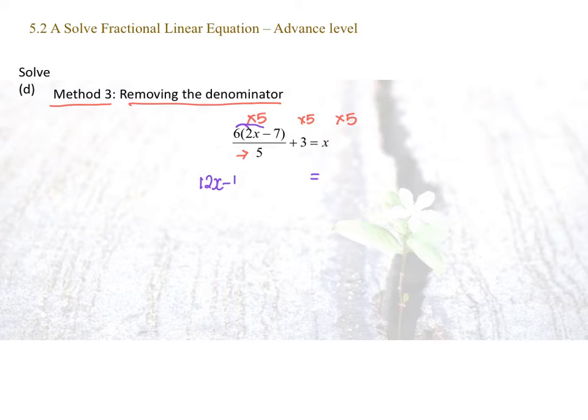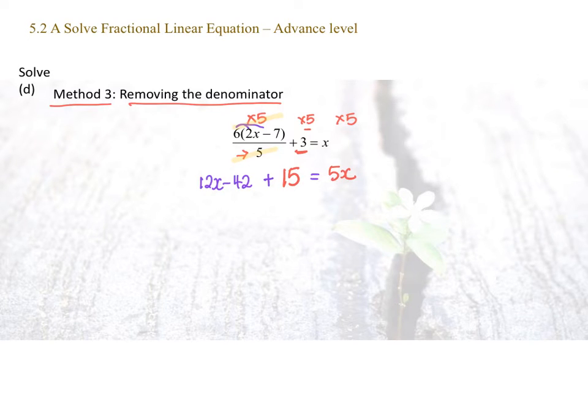So there will be only 12x minus 42. No more denominator 5. Okay, and plus 3 also needs to be multiplied by 5, so it will become 15. And x also needs to be multiplied by 5, so it becomes 5x.